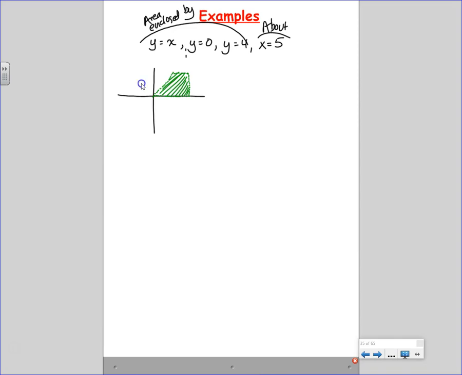It's definitely triangles. It's not a triangle. It's cut off by y equals 4. So it doesn't go up until the intersection. It gets cut off at y equals 4.